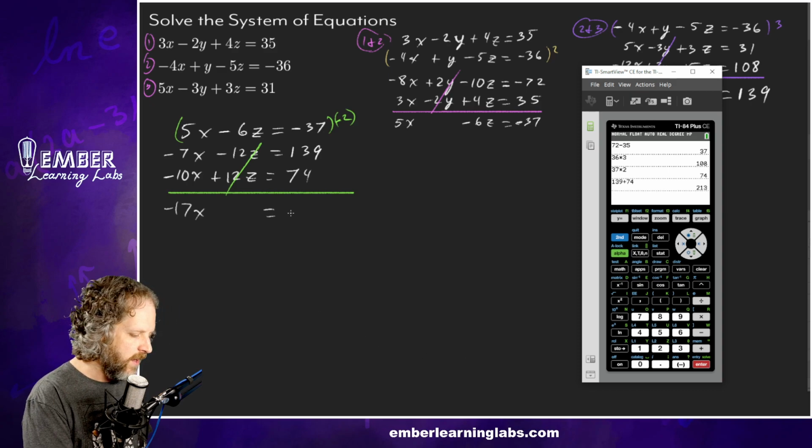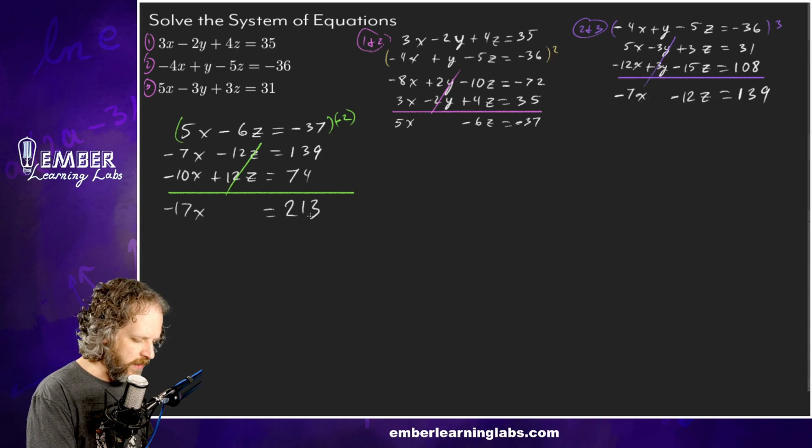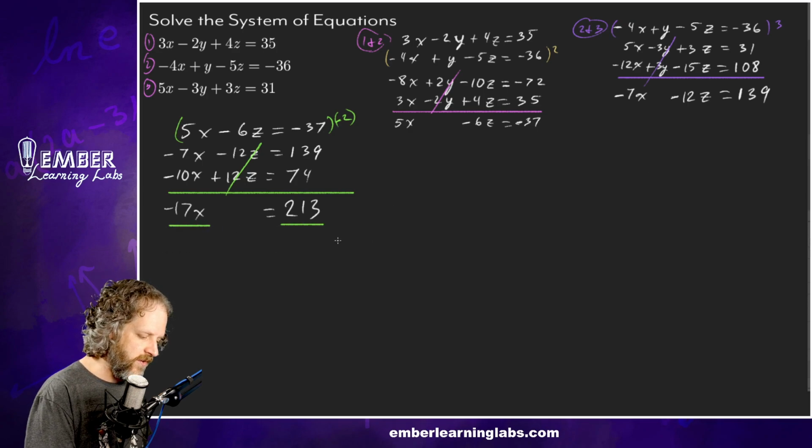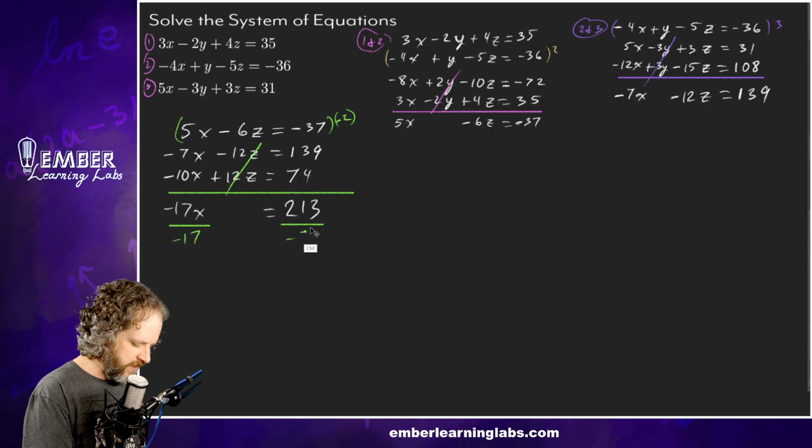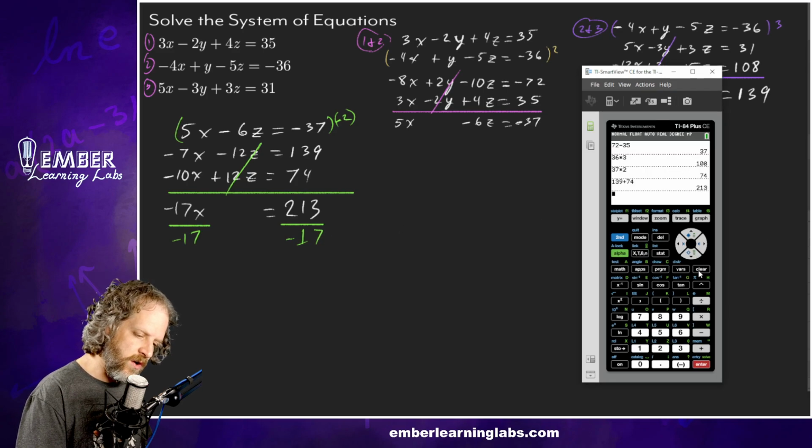Did it that time. Is 213. 213 divided by negative 17. It's going to give us a negative as the answer. Won't worry about putting that in the calculator. We'll just remember our signs to keep up with that. So that divided by 17. Enter.